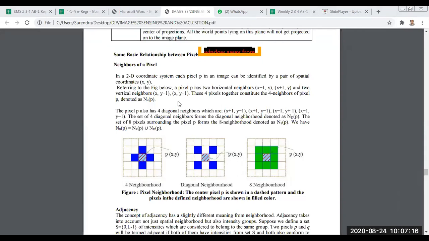Generally the 4 neighborhood is represented with N suffix 4 of p, and the diagonal neighborhood is N suffix D of p.